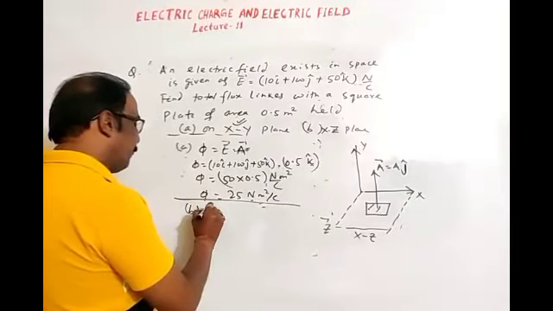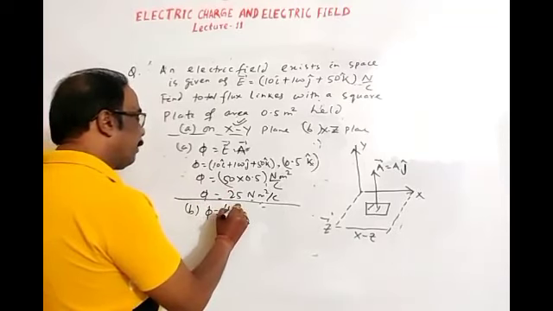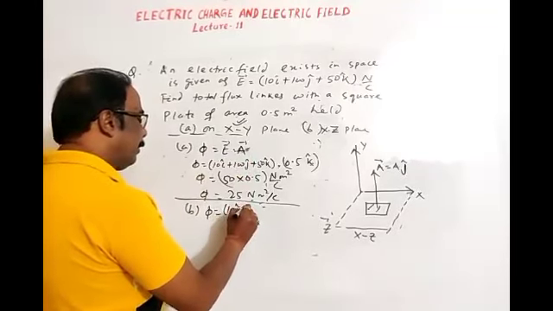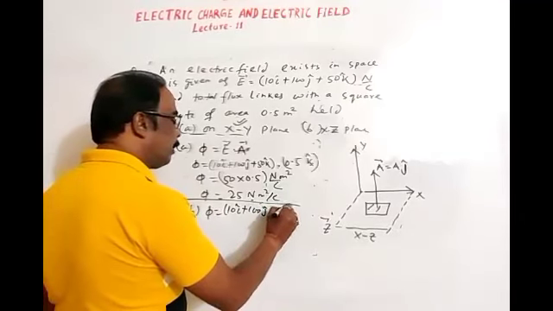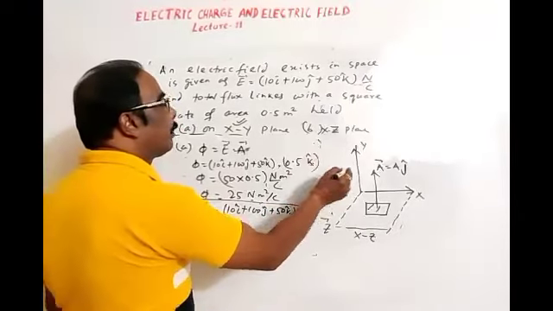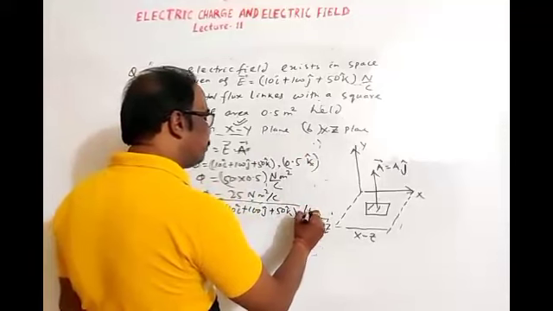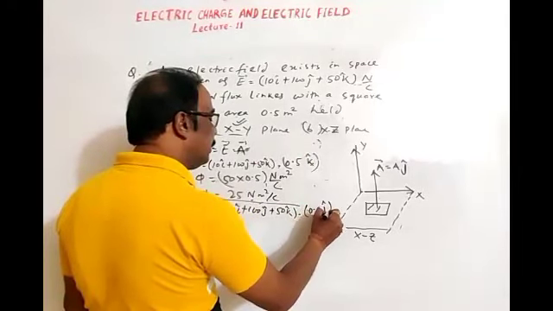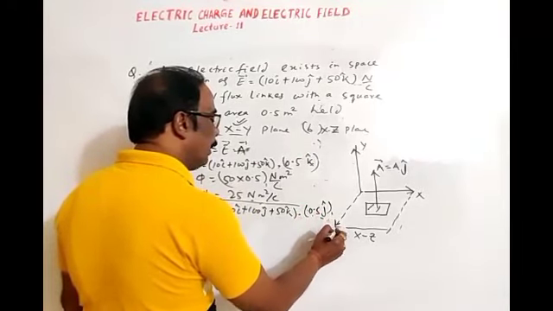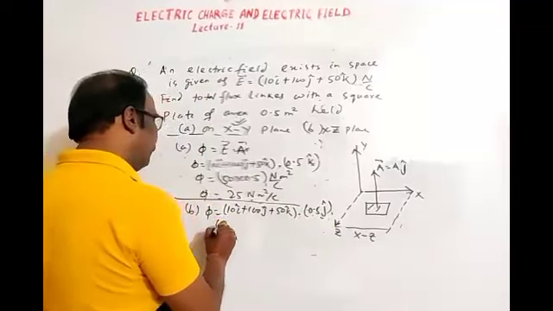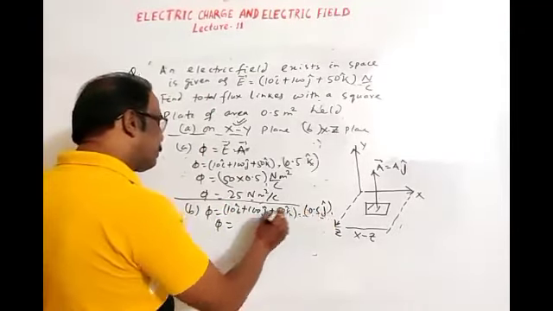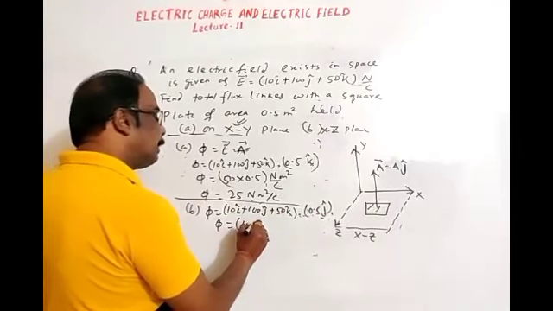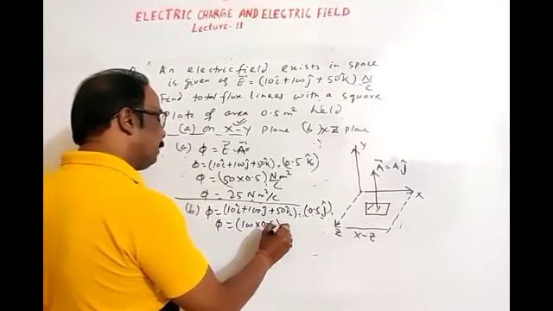For part B, flux is electric field, 10 i cap plus 100 j cap plus 50 k cap, dot area vector. Magnitude of area is 0.5, direction is along the y-axis. Then i cap dot j cap is 0, k cap dot j cap is 0, then flux is 100 into 0.5.